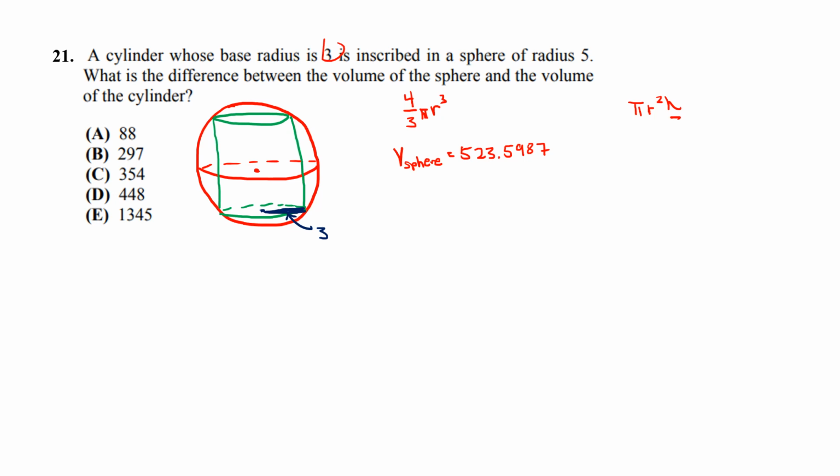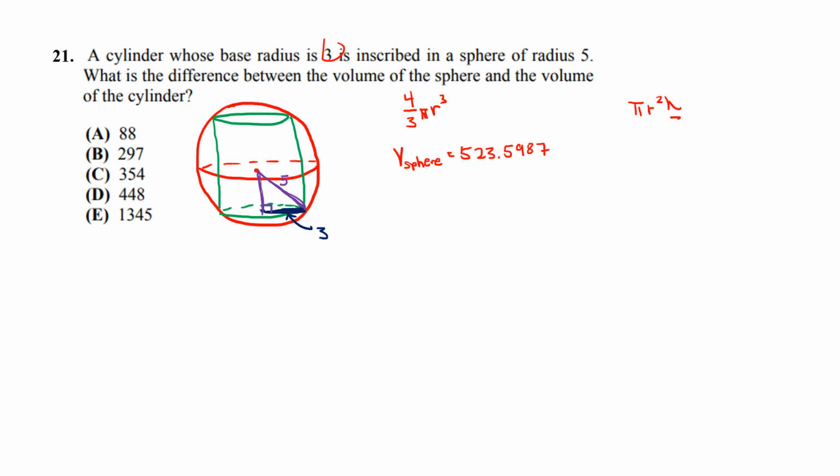Well, we can draw a line from the center of everything to meet the radius of our cylinder base, as well as the surface of our sphere. That in fact is the radius of our sphere, which is 5 units. We can drop a line down here, and this creates a right triangle.